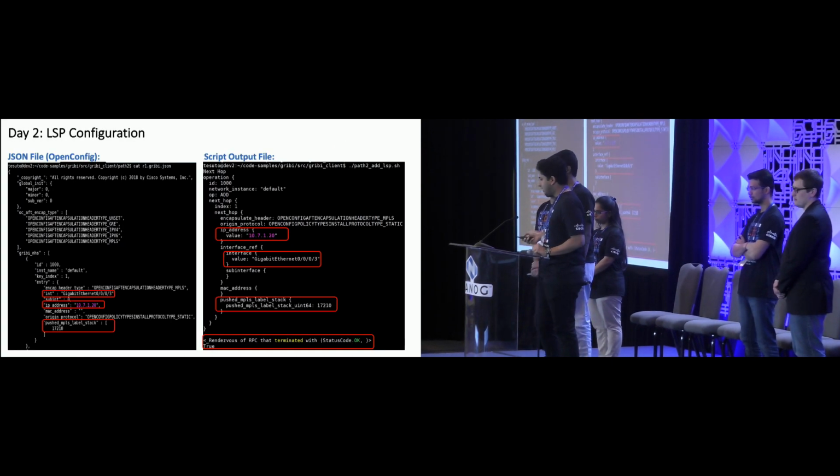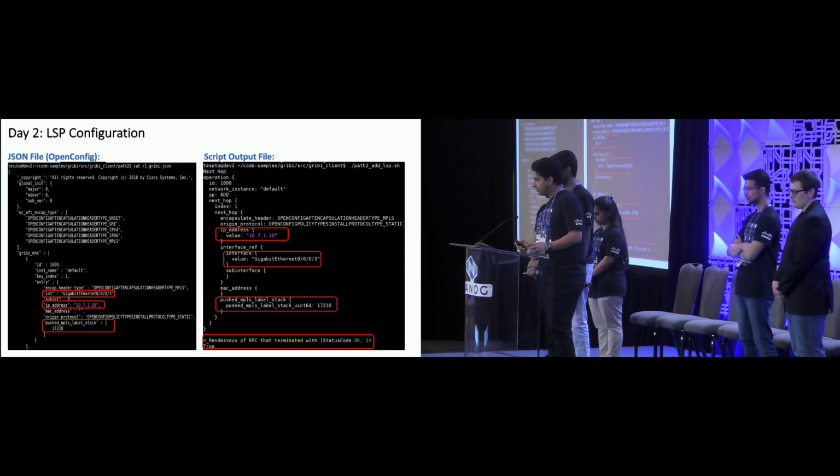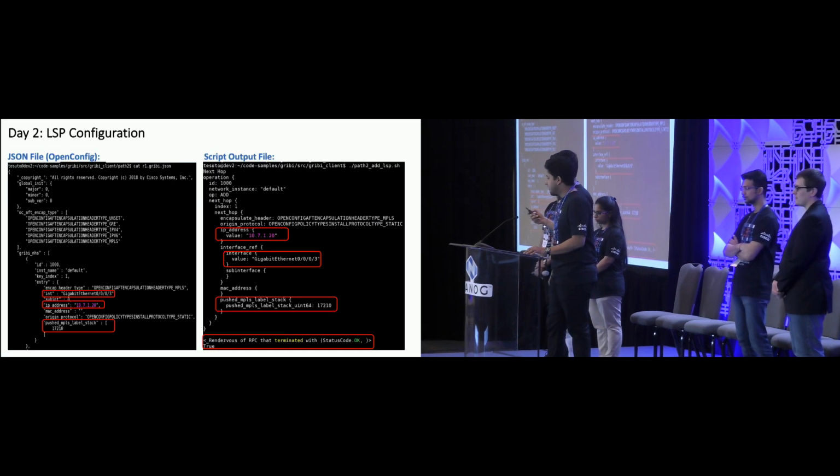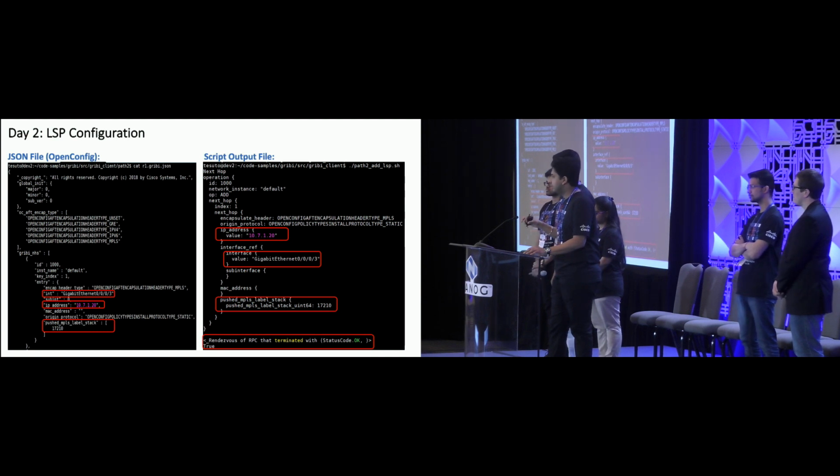On the left-hand side of the screen, you see the JSON file that we created. This had all the information relevant to establish an MPLS LSP: labels, IP address, interface, and so on. And on the right-hand side is the script file, which uses this JSON file to establish LSPs.